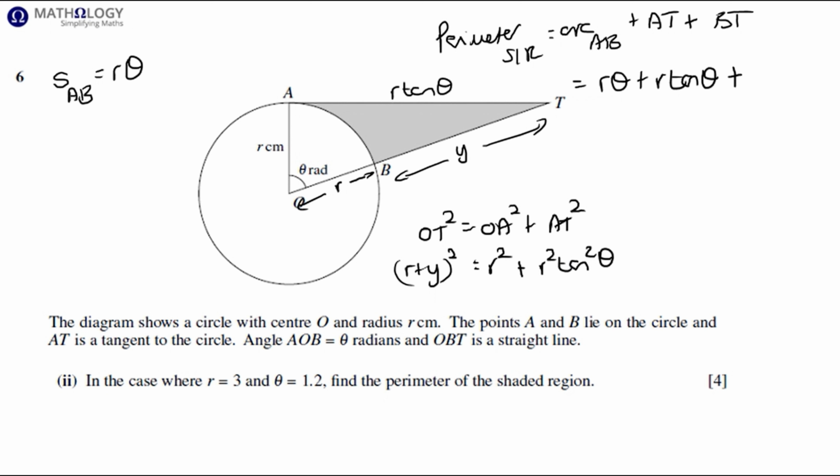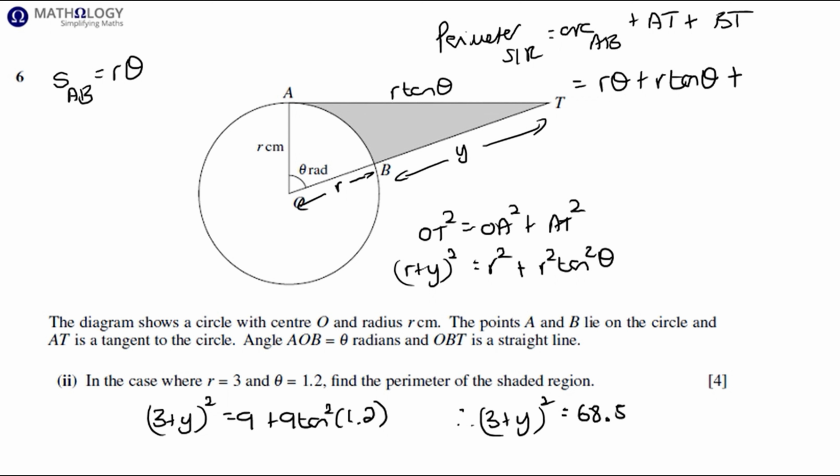Now, we were given the values of r and theta, so we have (3 plus y) all squared equals 9 plus 9 tan squared 1.2. So (3 plus y) all squared equals 68.5. We'll square root both sides. So 3 plus y equals 8.28, and therefore y equals approximately 5.28. So that is BT.